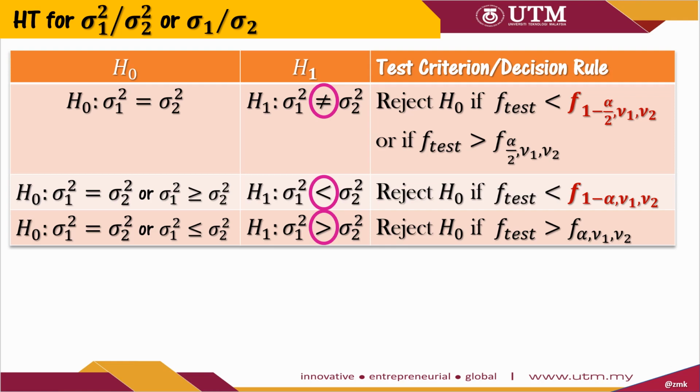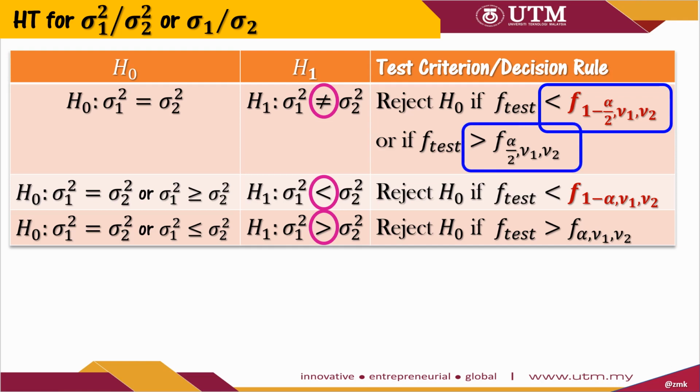So the test criterion or the rejection rule for the two-sided test is reject H0 if F-test is less than the left-sided critical value, which is F1 minus alpha over 2 nu1 nu2, or if F-test is greater than the right-sided critical value, that is F alpha over 2 nu1 nu2.